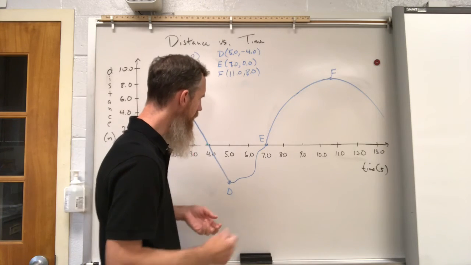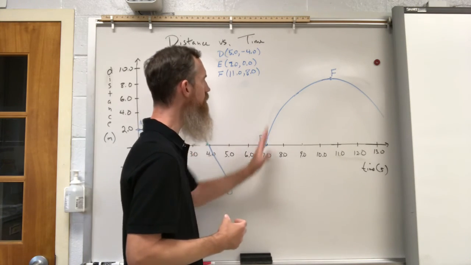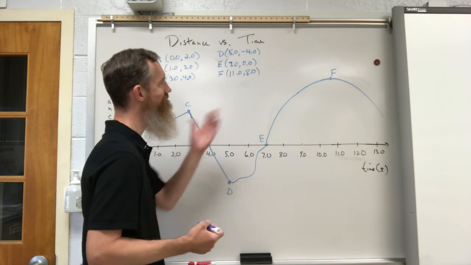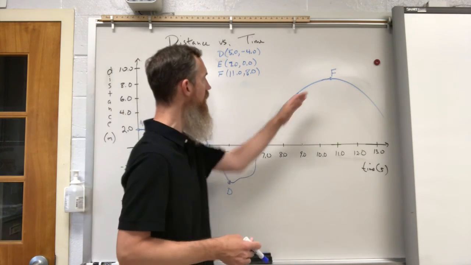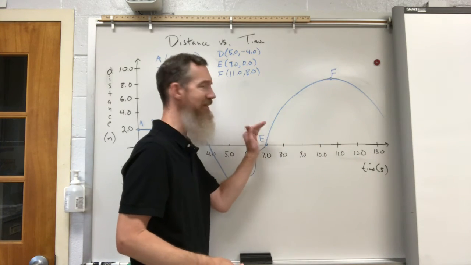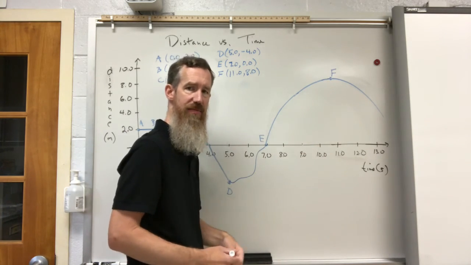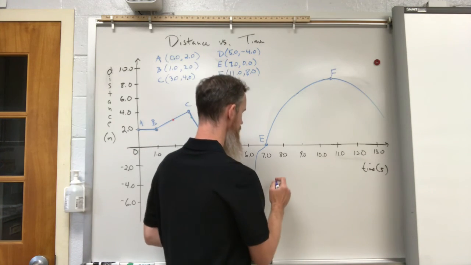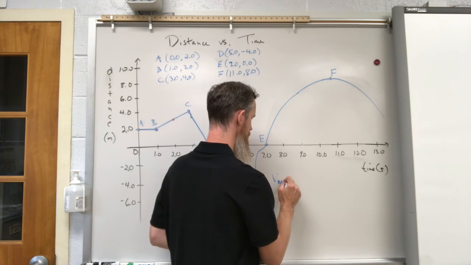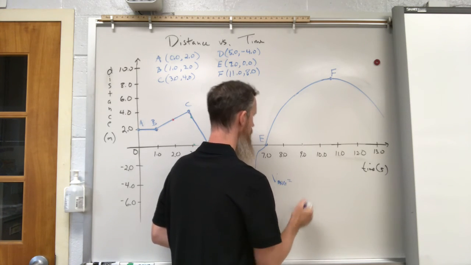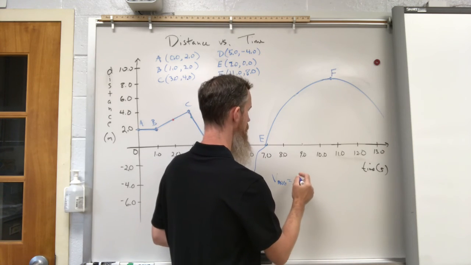So here we go from E to F, and again, going from E to F, I can't take a slope of a straight line between these. I can't find a nice constant velocity between E and F. It's not there. I can again find an average velocity. So average velocity, I keep doing that, I keep skipping the V. So again, I can go final minus initial.